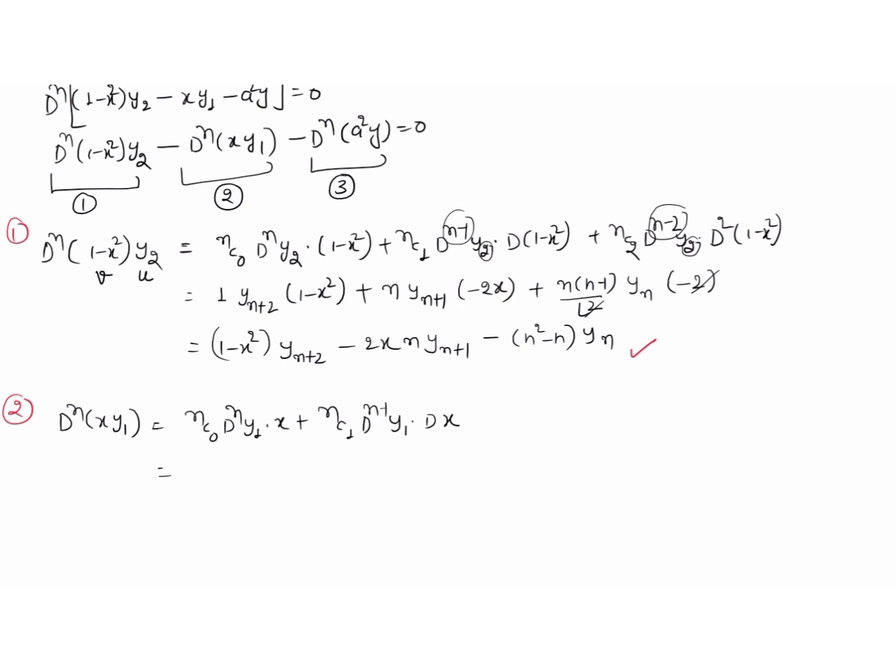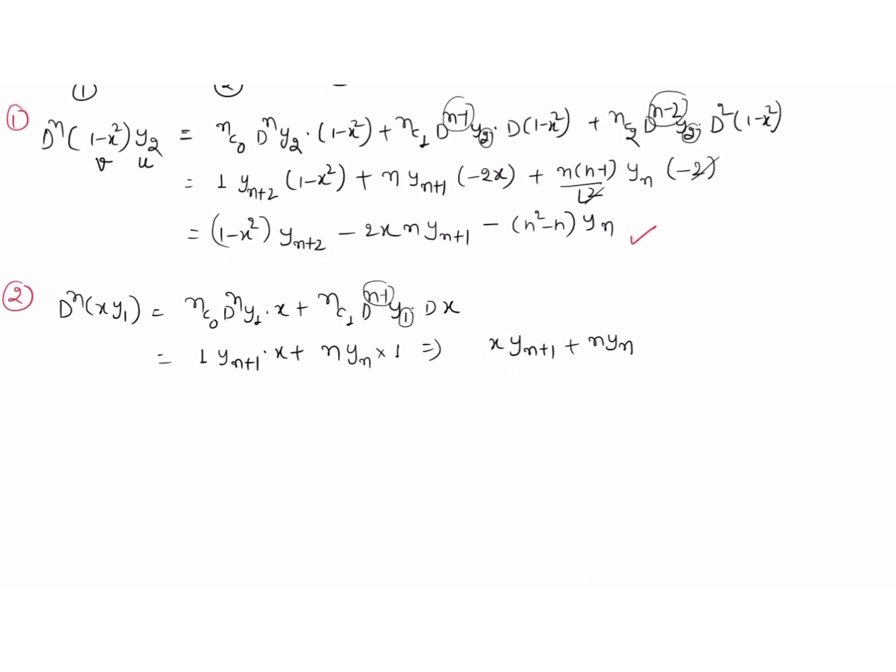So nC0 is 1, Dⁿ of y₁ is yₙ₊₁, x will be there, nC1 is n, add the power and the suffix and it will give you yₙ, and Dx is 1. The result is x yₙ₊₁ plus n yₙ. So this is the second term.